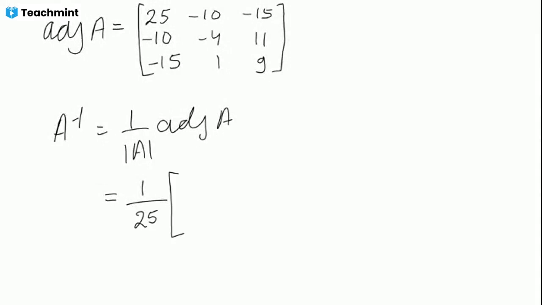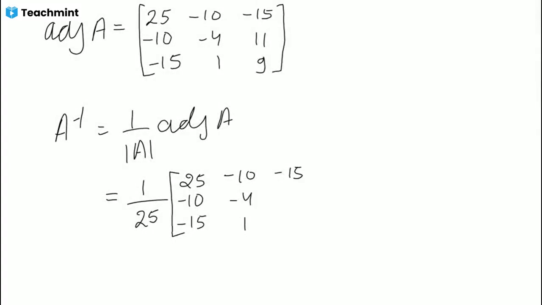And adjoint of A: 25 minus 10 minus 15, minus 10 minus 4 1, minus 15 11 and 9. This is A inverse. This is the answer.